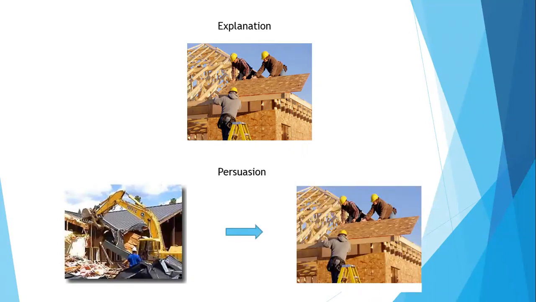It's quite similar. The only difference between explanation and persuasion is that in explanation, you're bringing new information, while in persuasion, your audience is likely to believe something, and you want to change that belief. And to change that belief, you need to destroy the idea they have and then build a new one.